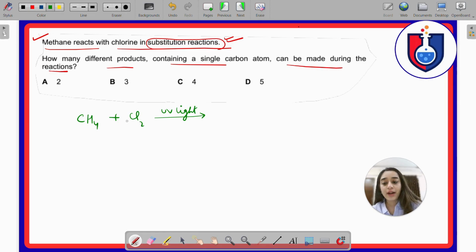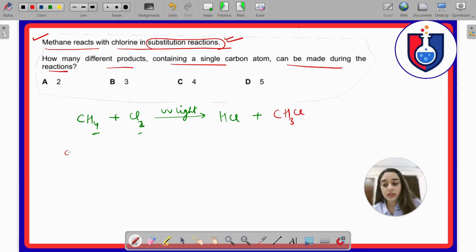Now what you have to do is replace one hydrogen and remove one chlorine from here. You will get HCl. Whatever is left, make the product: CH3Cl.